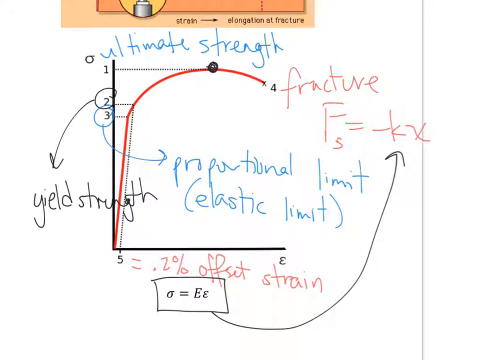I'm going to fast forward a little bit. This is carbon fiber. So still elastic range. I want to see if this one has a little bit more interesting ending.